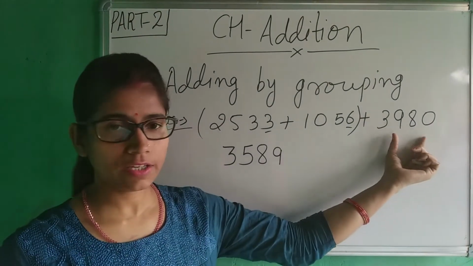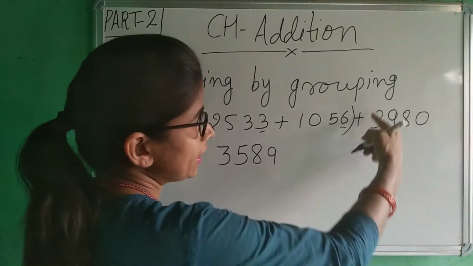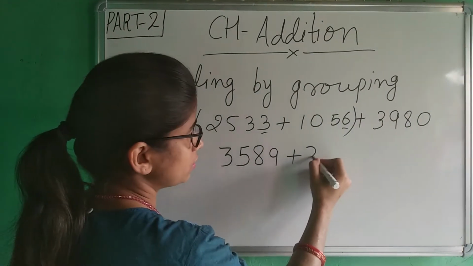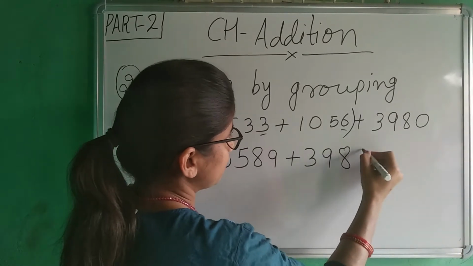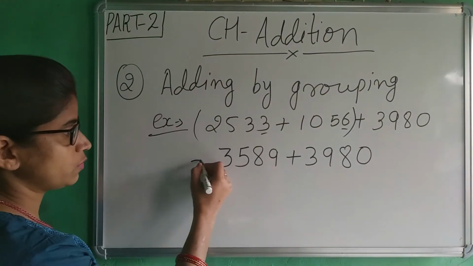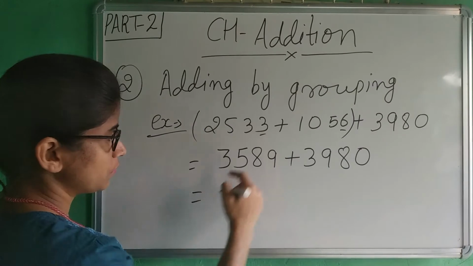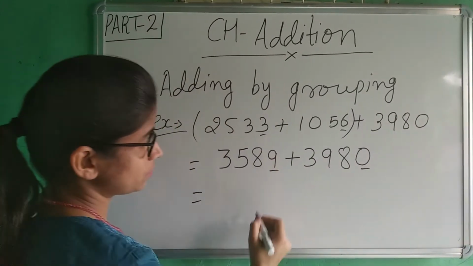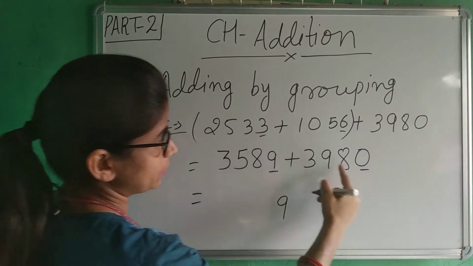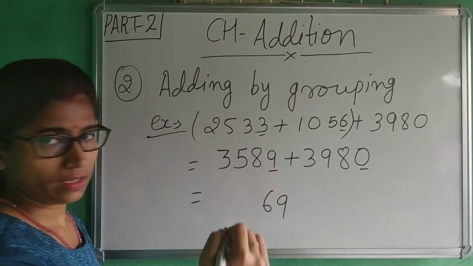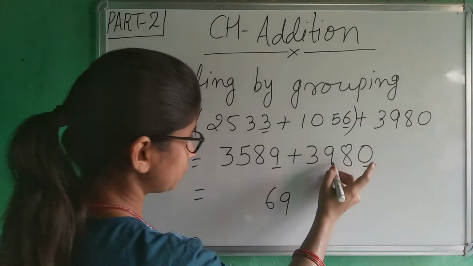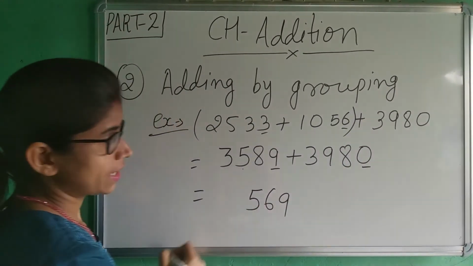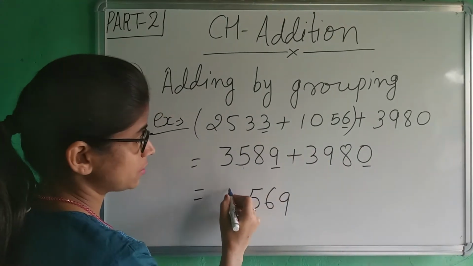Then what is left? This number is left, 3980. You will add this number to the sum and the final answer will come. So 9 plus 0, 9. 8 plus 8, 16. Carry 1. 5 plus 9, 14 plus 1, 15. Carry 1. 3 plus 3, 6 plus 1, 7.